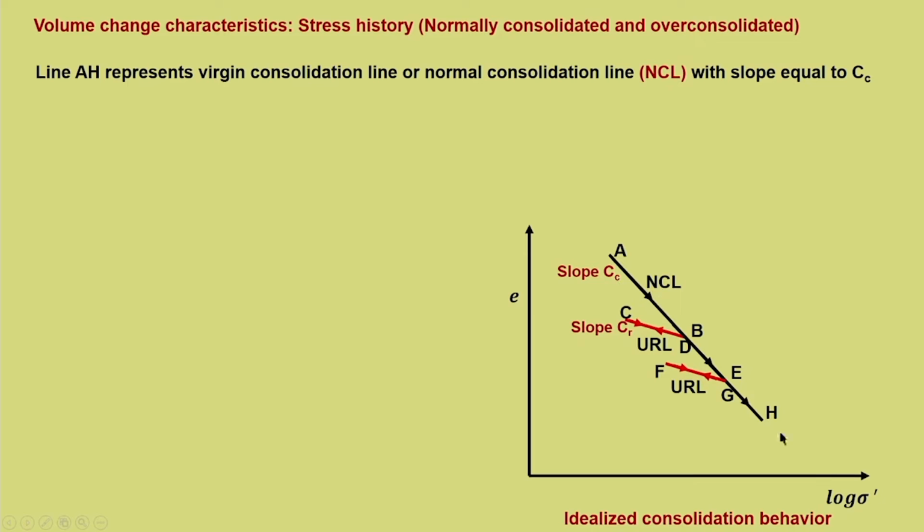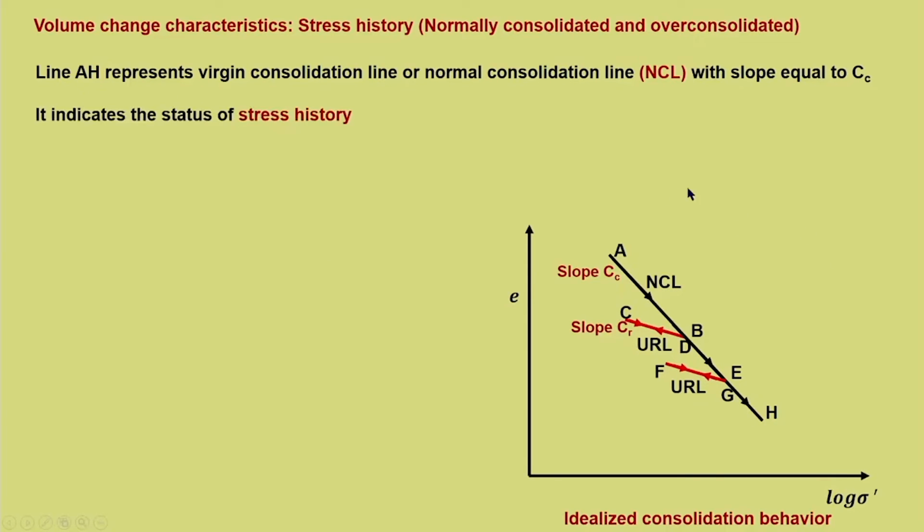Now, why is this called virgin consolidation line? I hope you would have understood during your UG, because any stress on this AH, it is for the first time the soil is experiencing. That is the reason why it is called virgin consolidation line, and very popularly known as normal consolidation line.